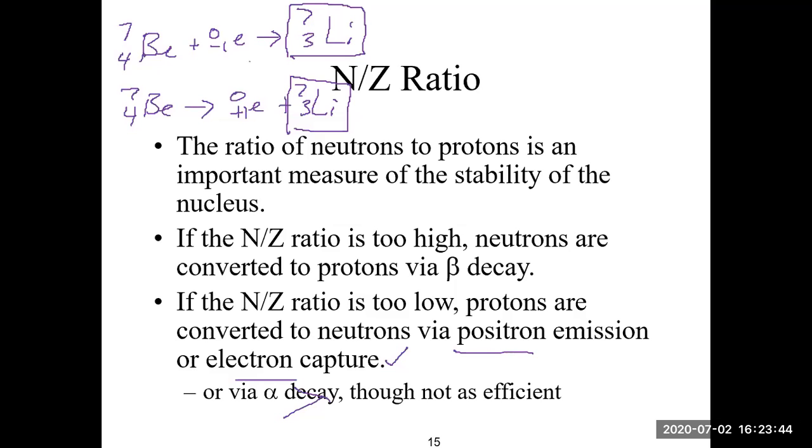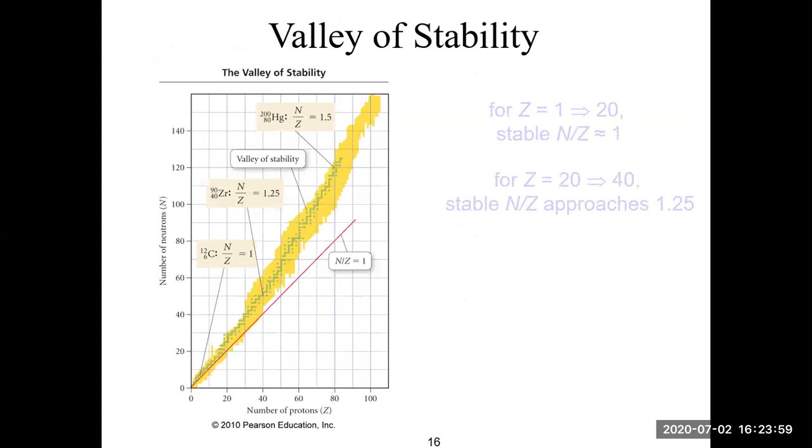If it's too high, it's going to go through a beta decay. Any questions on that? So how do we know if it's too high or too low? Let's take a look at what helps us determine that. This is what is sometimes referred to as the valley of stability.